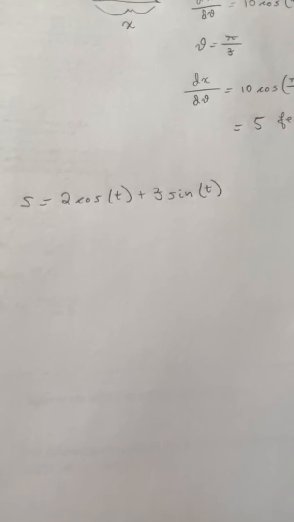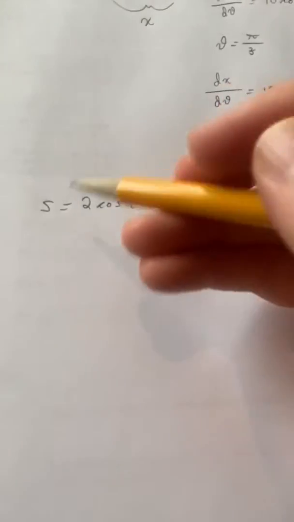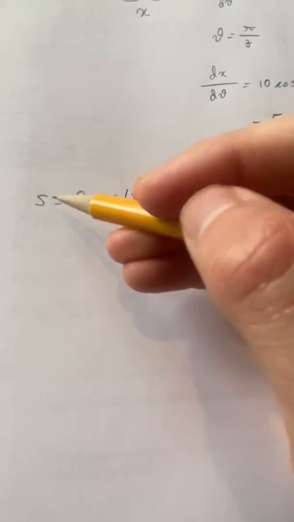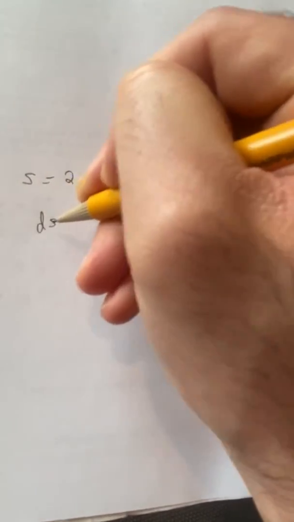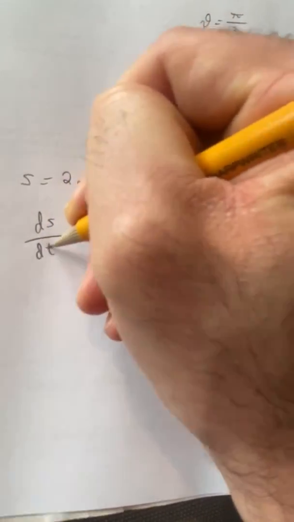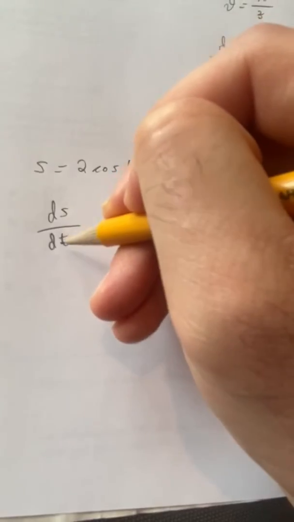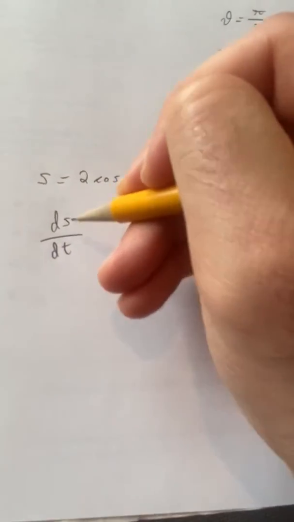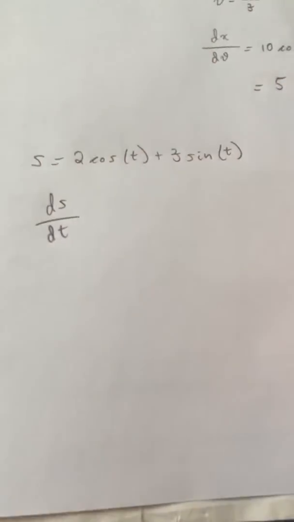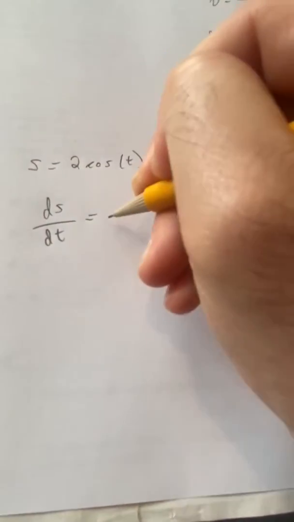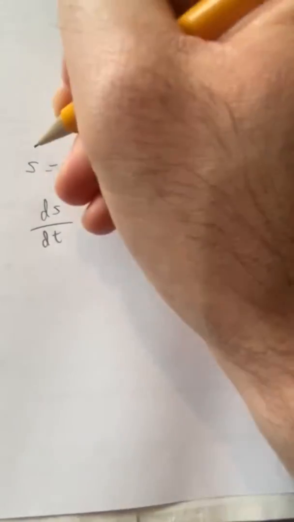Velocity is the first derivative of a position function. We have position in terms of time, so if we take the derivative, we're going to have ds over dt. So we have change in position over change in time, and that's units of velocity or speed. So this is a velocity function.